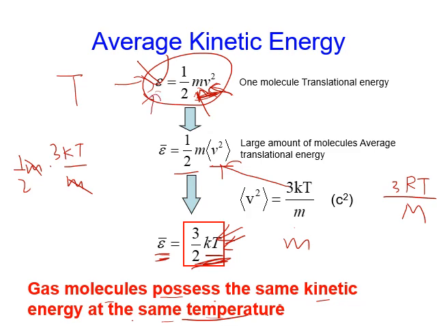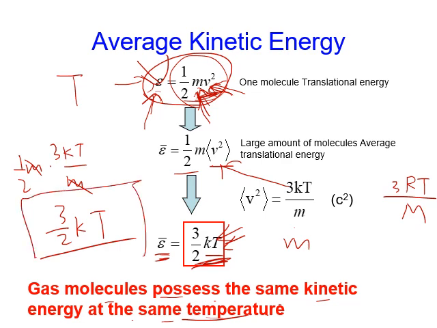The lighter, the smaller the mass, the faster the molecules move. But when you multiply, you should get the same average kinetic energy. The average kinetic energy is 3 over 2 kT. It's a very important equation to calculate average kinetic energy for all gases.